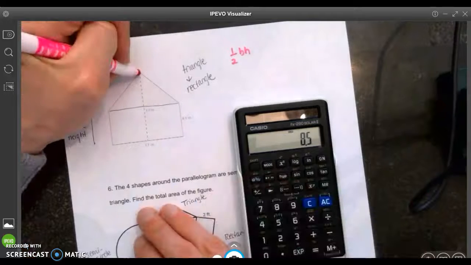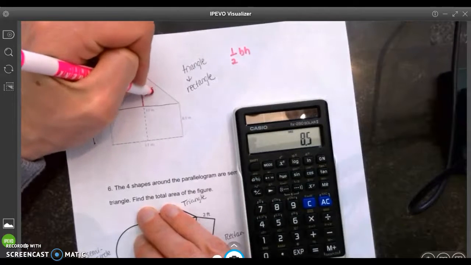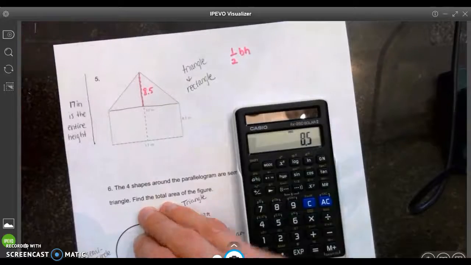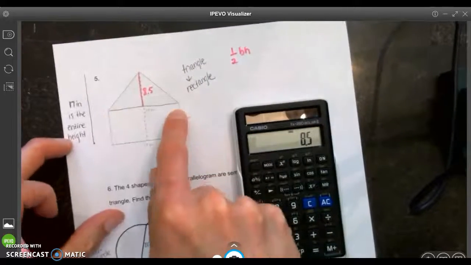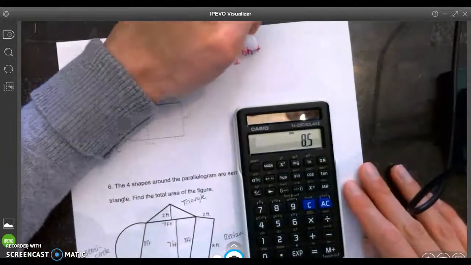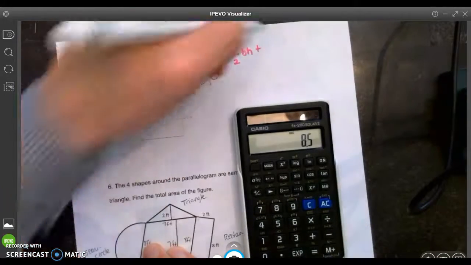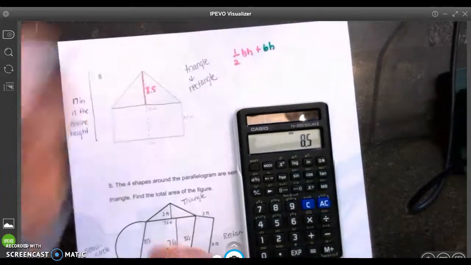So this height right here is 8.5. So for the triangle, 1/2 base of 17 times height of 8.5. And then we're going to add that to the rectangle, which the base is 17 and the height is 8.5. So base times height.